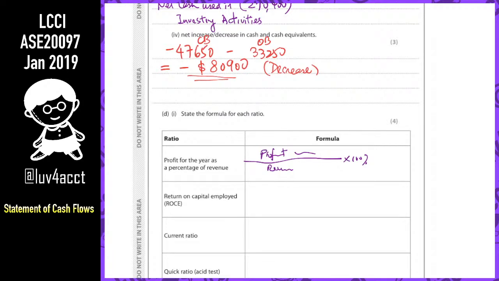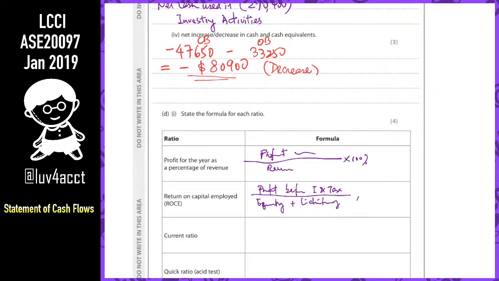For capital employed, it would be profit before interest and tax over total capital employed, that is equity and liabilities.